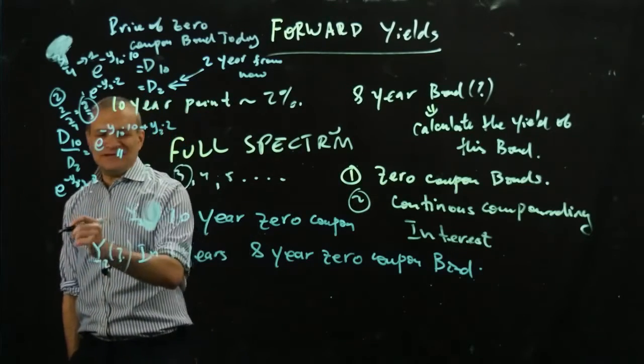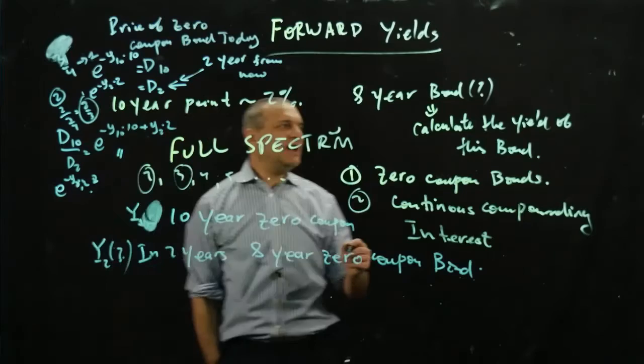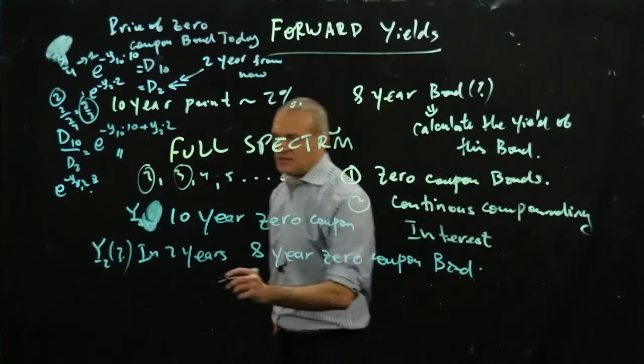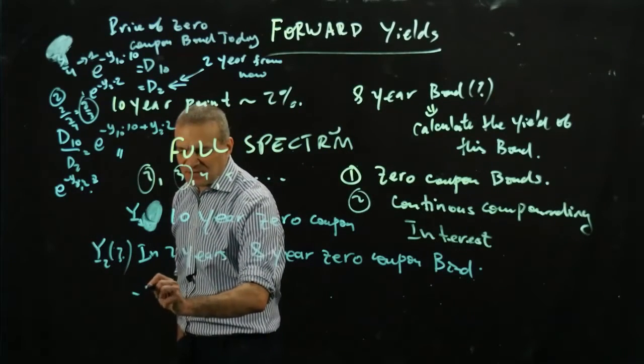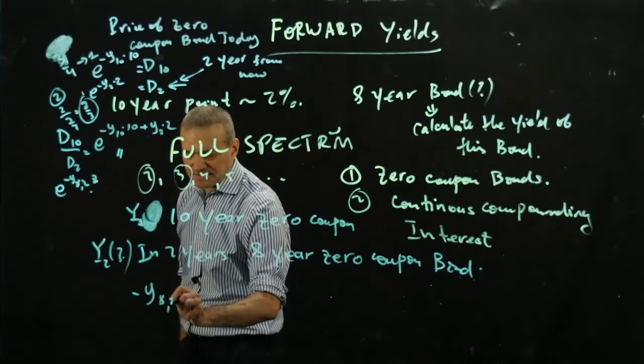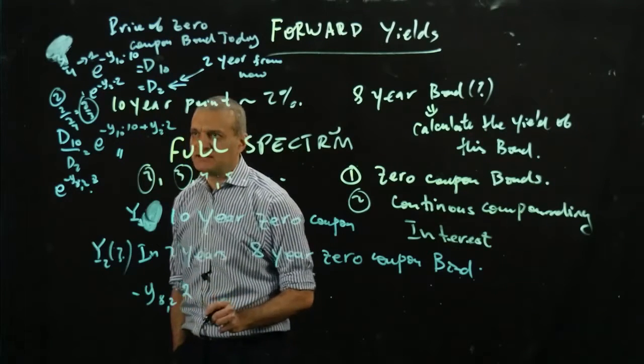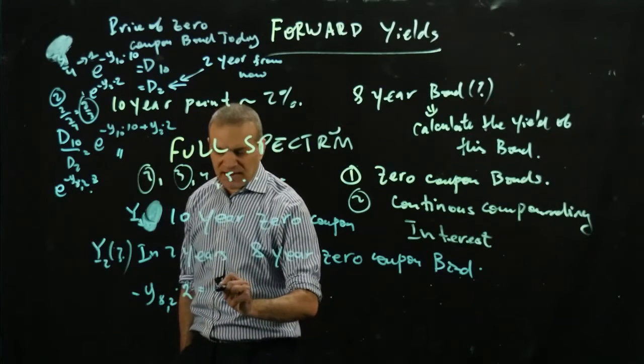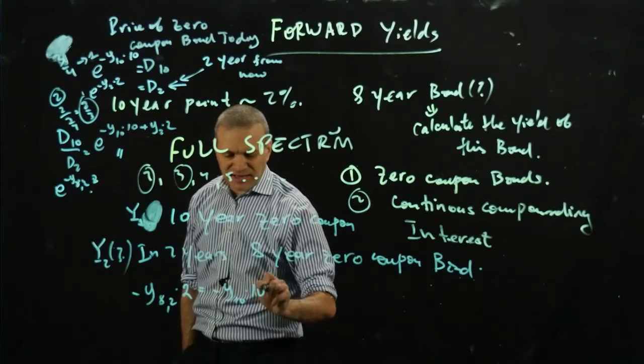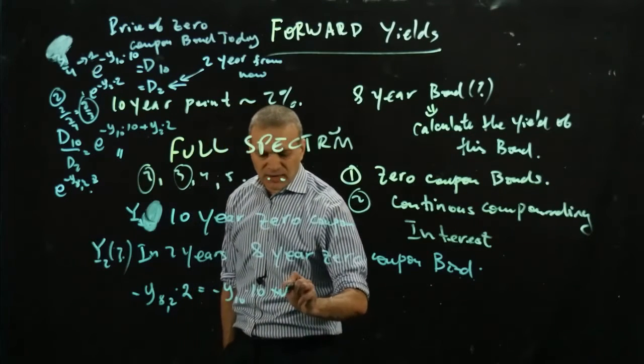Now, what is the equation? Well, the equation is easy peasy. Let's write the equation here: minus y(8,2) times 8 equals minus y10 times 10 plus y2 times 2.